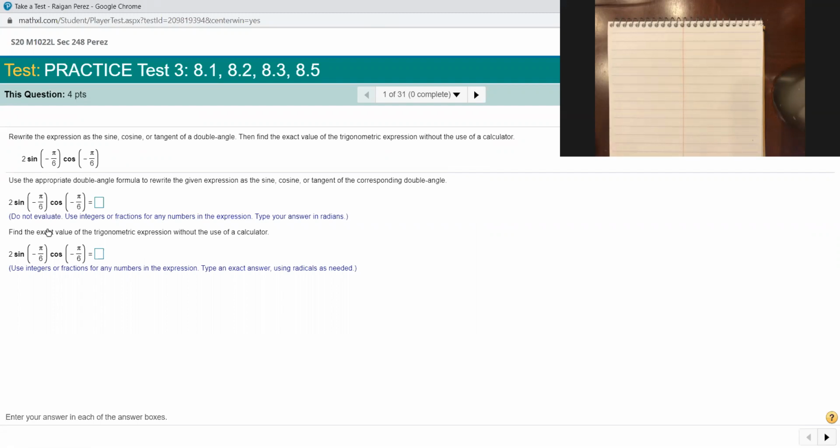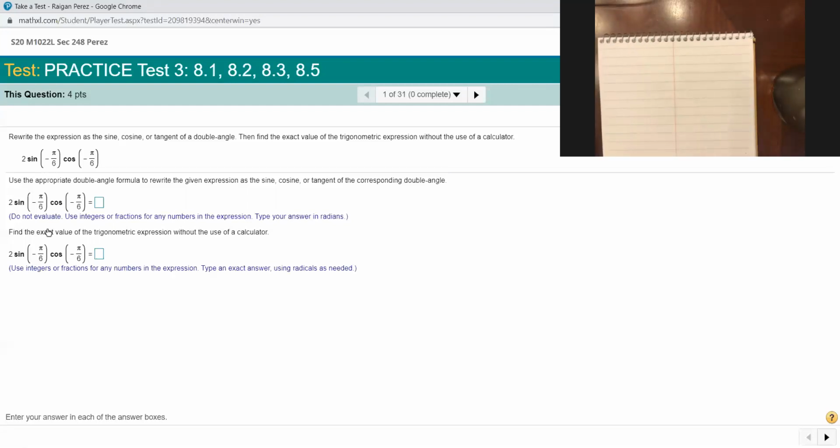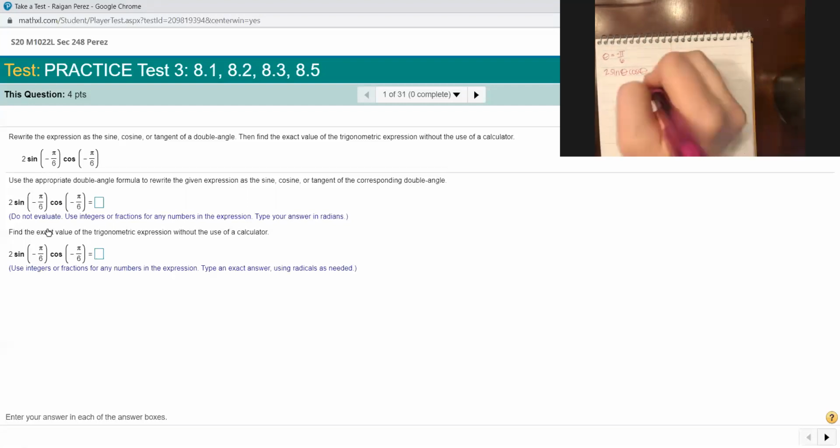This is a double angle formula, so I want you to rewrite the expression. My angle is negative pi over 6, and so I have 2 sine of theta times cosine of theta. Using my formula sheet, that is equal to sine of 2 theta.